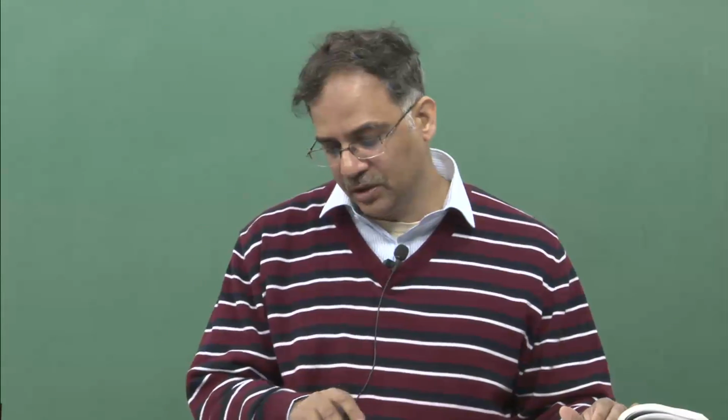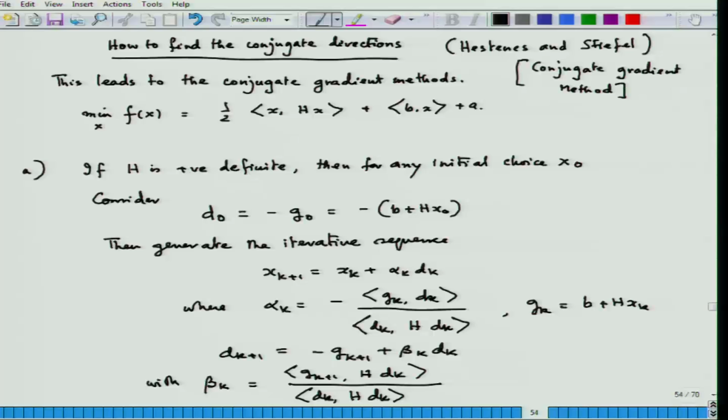Our initial conjugate direction is found by taking the negative of the gradient at the starting point x naught. Of course, g0 is actually nothing but g of x naught.